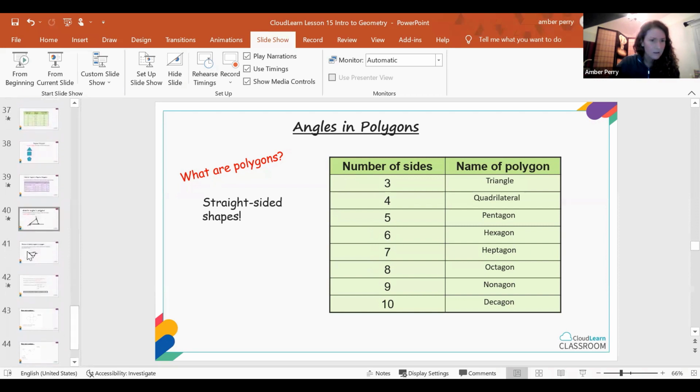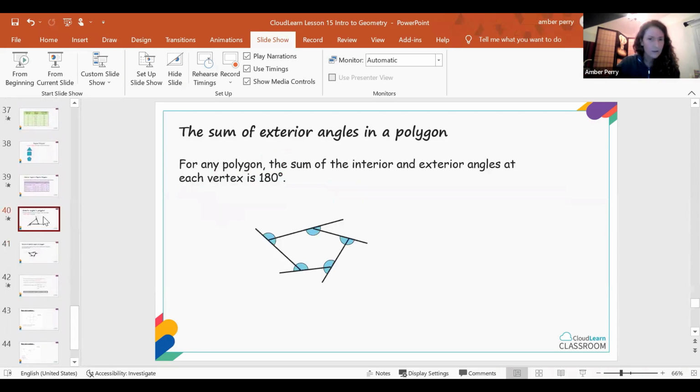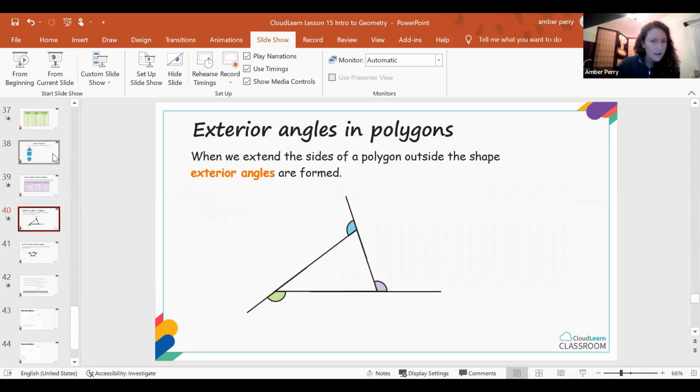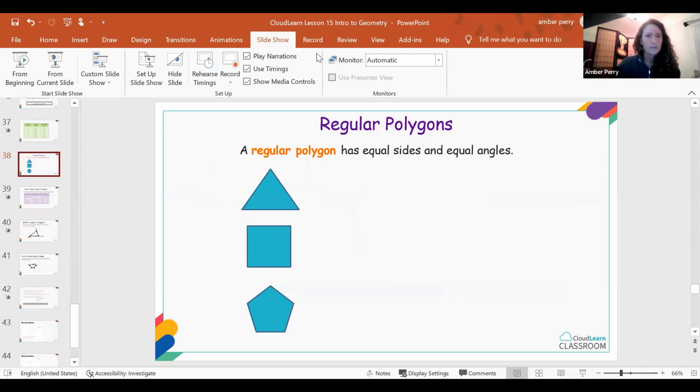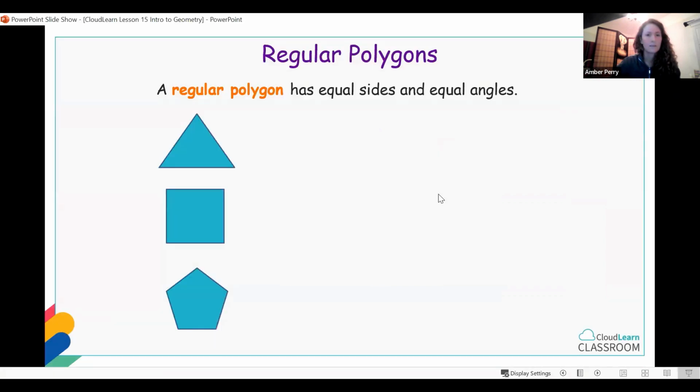Where are we? Okay, so let's do the sum of the interior angles of these. The sum of the interior angles of a triangle, you should know, is 180 degrees. The sum of the interior angles of a quadrilateral, whether it be a square or any other quadrilateral, is 180 times 2, so it's 360.